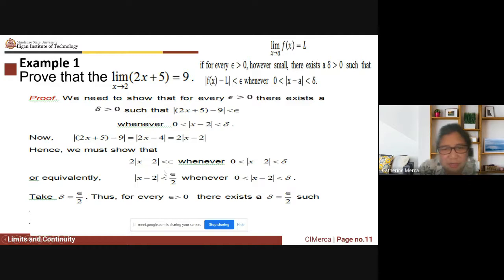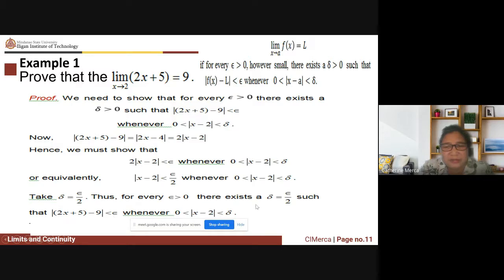Okay, itong epsilon over 2 ninyo will now be your delta, so that you can now rewrite as absolute value of 2x plus 5 minus 9 is less than epsilon whenever you have 0 is less than absolute value of x minus 2 less than delta. Okay, so ang delta is your epsilon over 2, dependent upon your epsilon here.